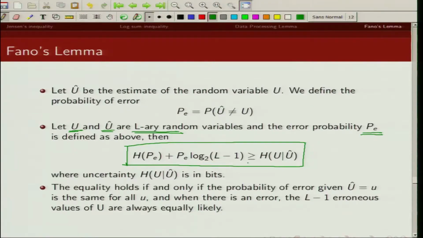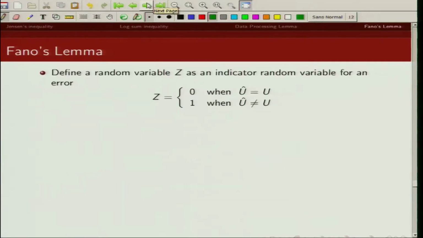The equality here happens if and only if the probability of error given u hat is the same for all u, and if there is an error, all L minus 1 erroneous values are equally likely to happen. So Fano's lemma links probability of error to the uncertainty in u given u hat, the estimate of u that we are getting. So let us prove this result.